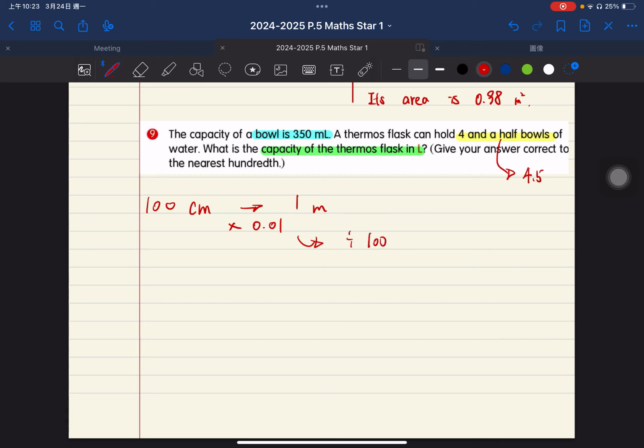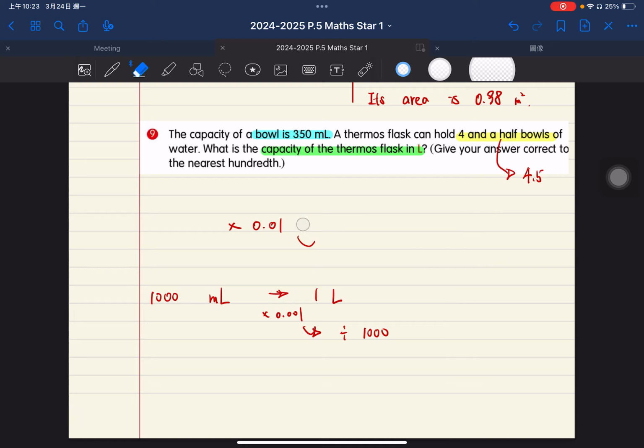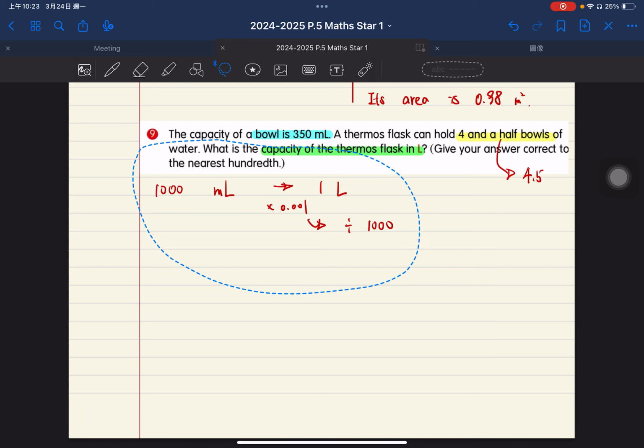If milliliter go to liter, from 1000 milliliter equals 1 liter, how do we do? We have to times 0.001 because it is coming from divided by 1000.